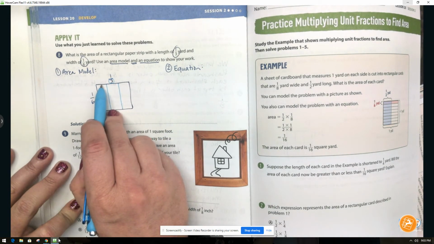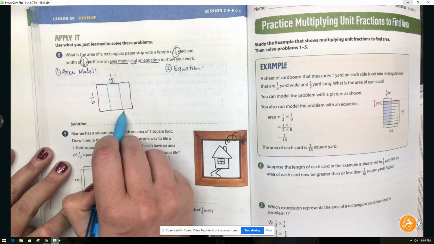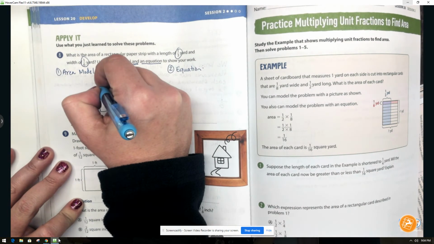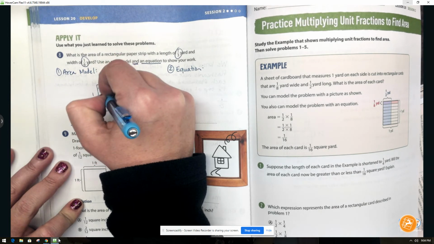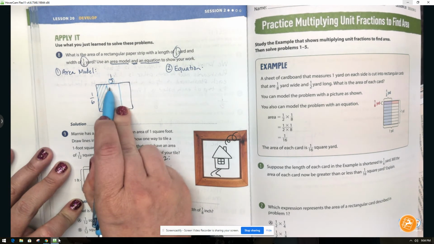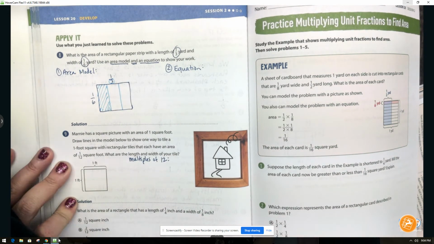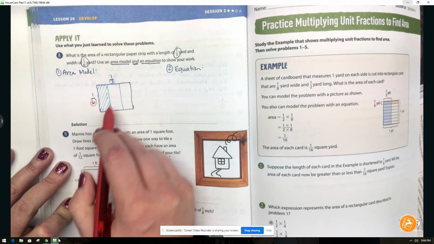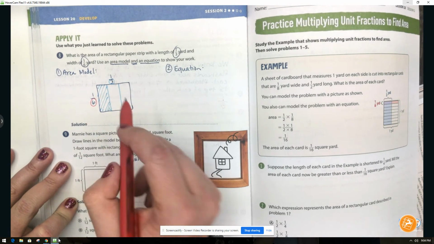So this denominator shows us 1, 2, 3 sections. And then remember, we're going to shade in one section because this is showing that we've shaded in 1/3 of the rectangle. Now we're going to go to the other side and break it into 6 equal rows.